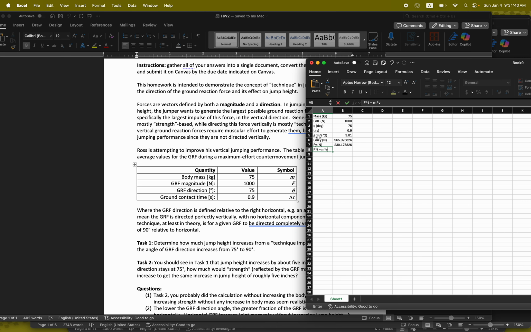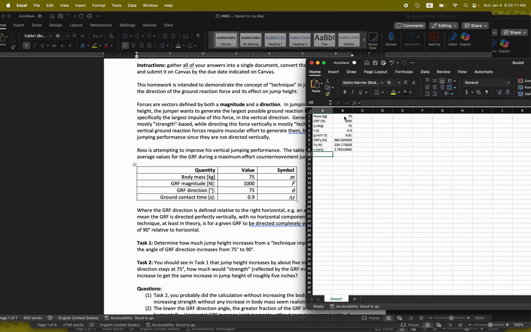I've got the time that force is applied, t. I've got my mass, m. So the only thing I don't know in this equation is v. I can solve for v. Take the force times the time, divide by the m, and that gets you your v. So my takeoff velocity is going to be net vertical force, F, times time, t, divided by mass, m. Gets me a takeoff velocity of about 2.7 meters per second.